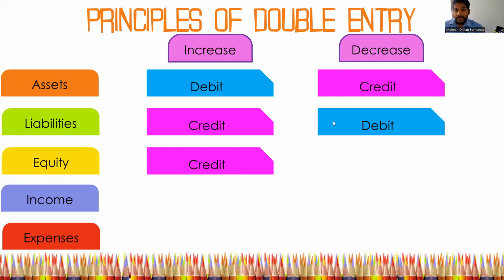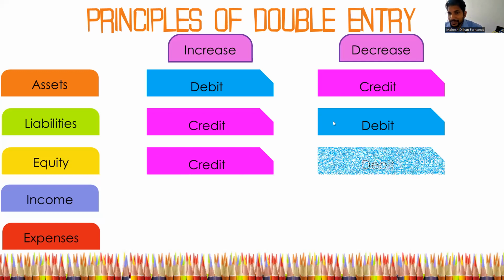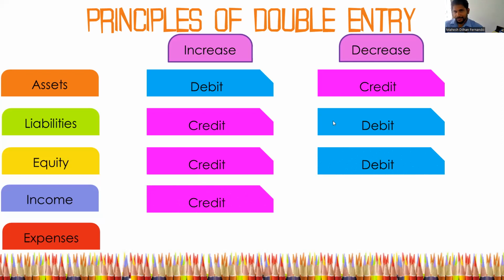Equity, increase credit, decrease debit. Equity increases when it is credited to that respective account. When equity decreases, that is debited. Income, increase credit, decrease debit.